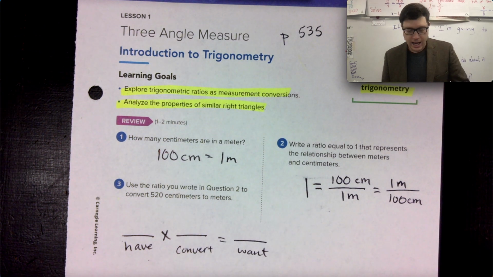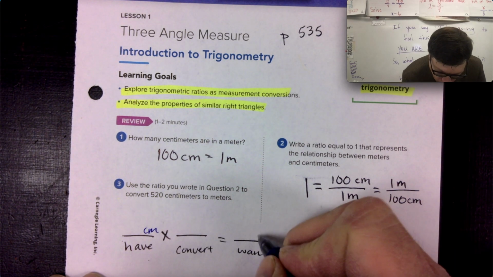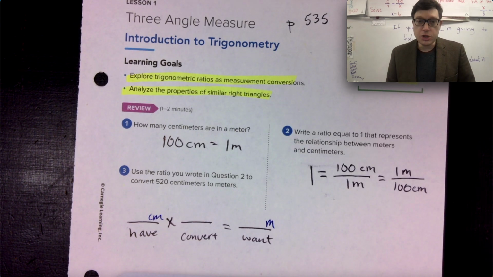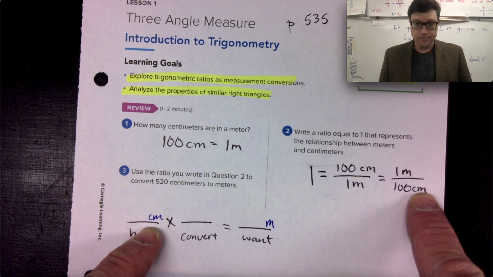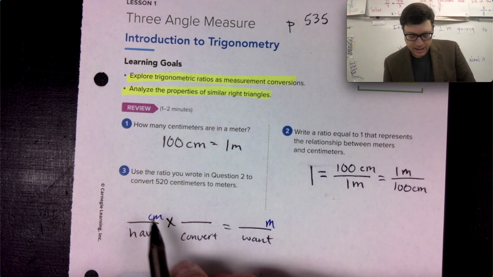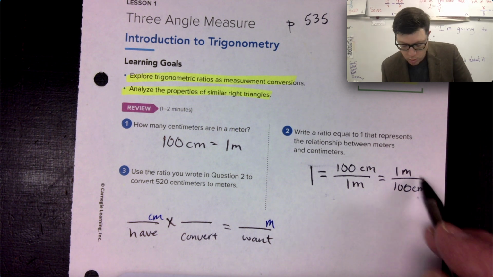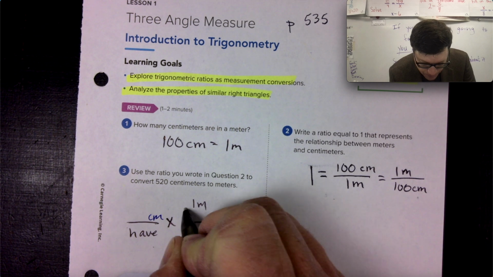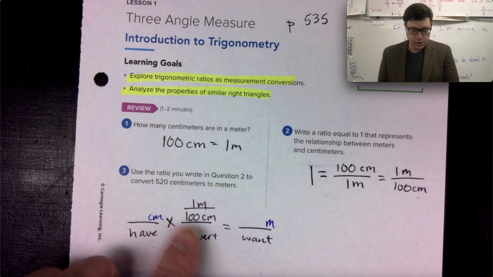So if what I have is centimeters, and what I want is meters, then I'm going to put the conversion ratio so that it's going to put centimeters on the bottom. Because if what I have in centimeters needs to be reduced or canceled, and I want meters to be left, then I'm going to put 1 meter over 100 centimeters. That's what goes in this blank.